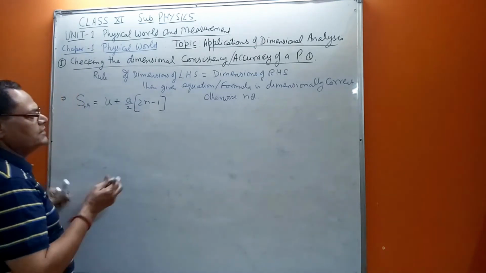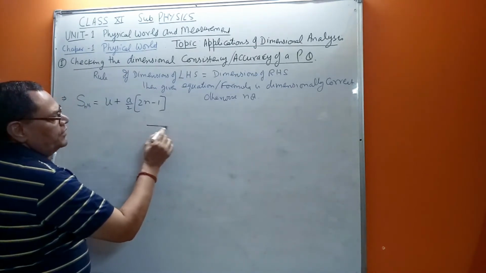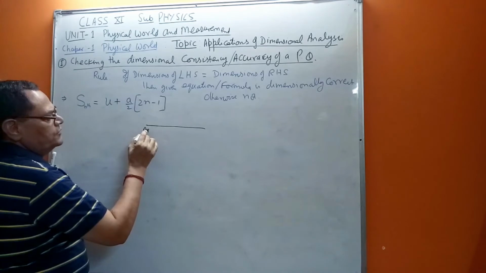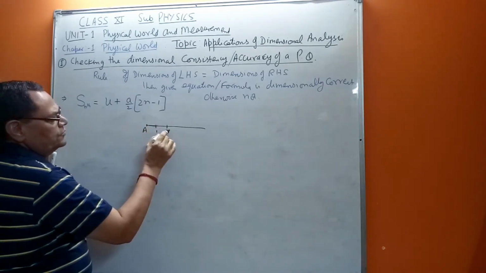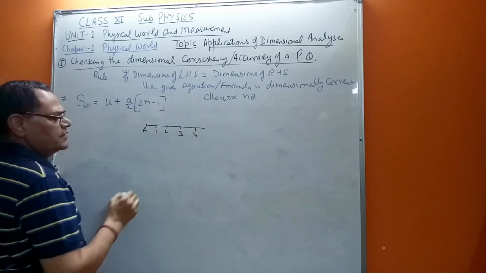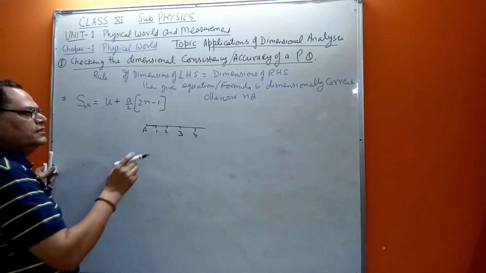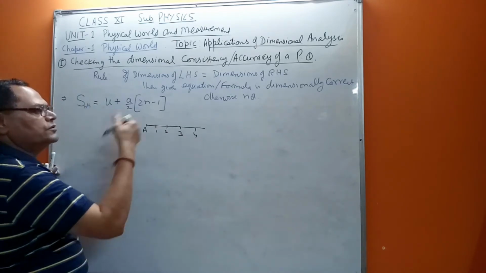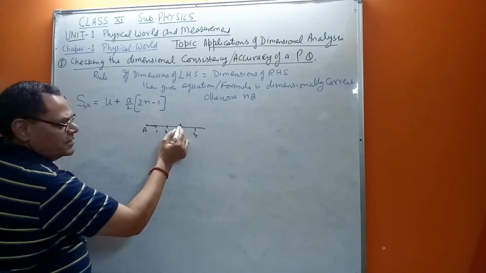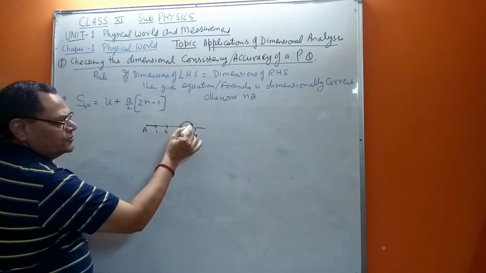So what is this actually? See, suppose this is the position A. After 1 second here, 2 seconds, 3 seconds, 4 seconds. Now I ask what is the distance covered by the particle in the 4th second. So the 4th second will start from here, that is from here to here.